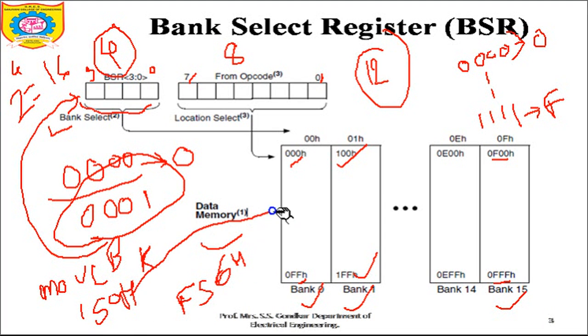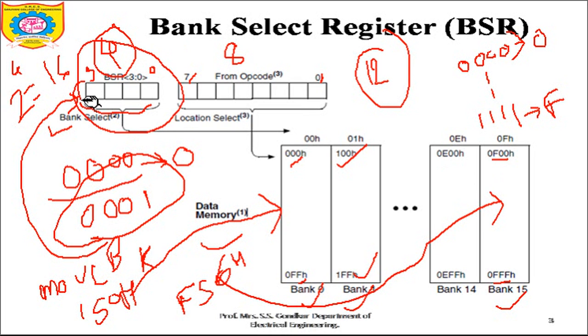The programmer must change the bank number. Why? Because 150H is in bank 1 and F56H is in bank 15. It means we have to change the number over here depending on the requirement, and it is accomplished by using this instruction, that is MOVLB.